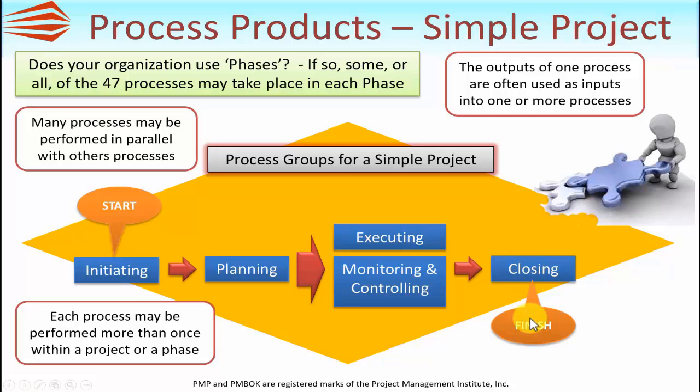But going back to the question I asked you, do you have phases or stages? And perhaps the third question would be, do you have larger complex projects which you'd have to or want to or need to break down into phases or stages? If the answer is yes, then this next slide will help you understand the application of the process groups and hence knowledge areas.